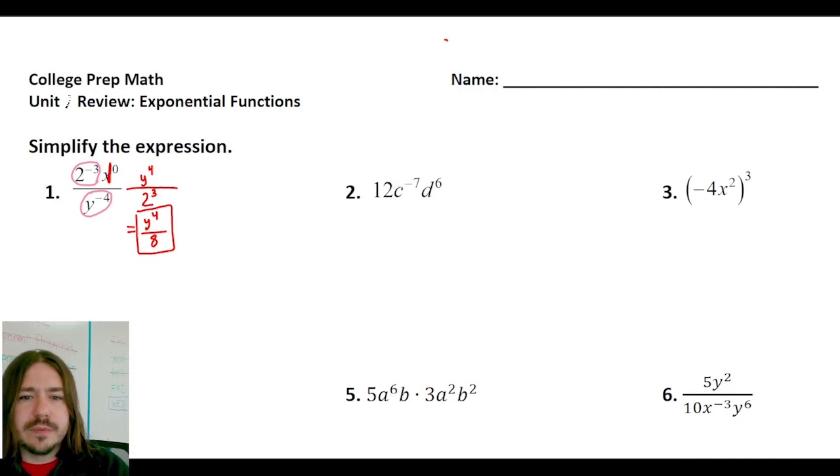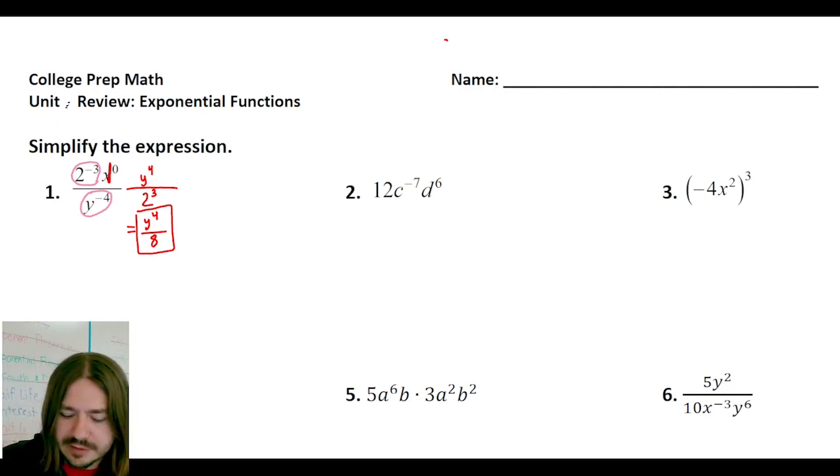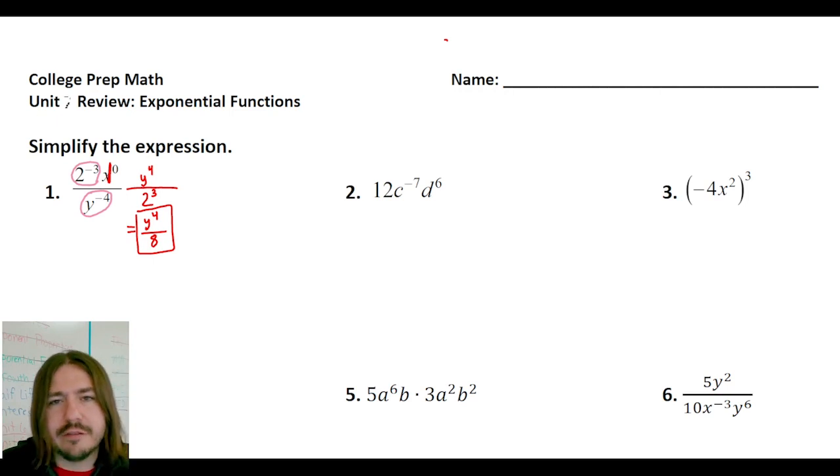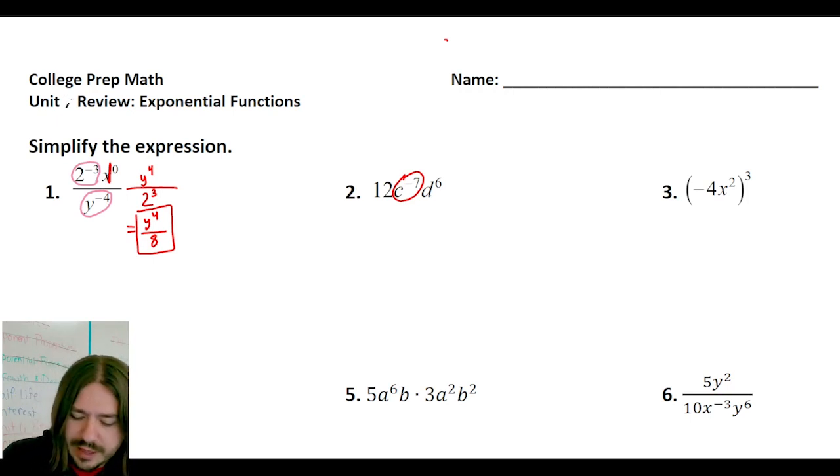For number 2, we've got 12 times c to the negative 7th power times d to the 6th power. Not really much to do here, except we do have that negative exponent on c to the negative 7, and so we want to rewrite that.